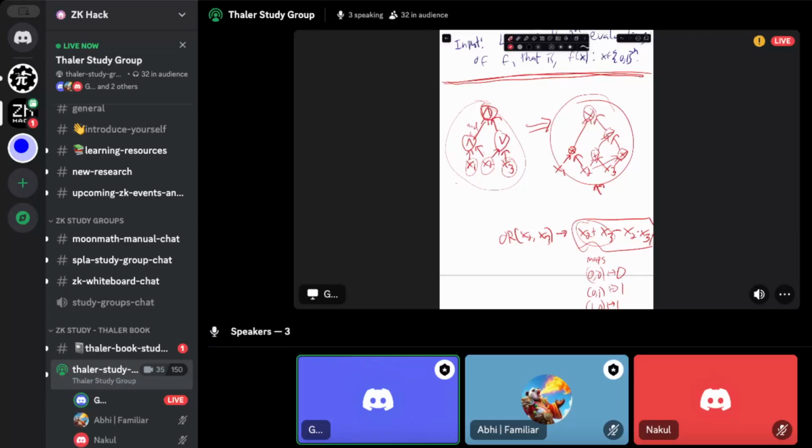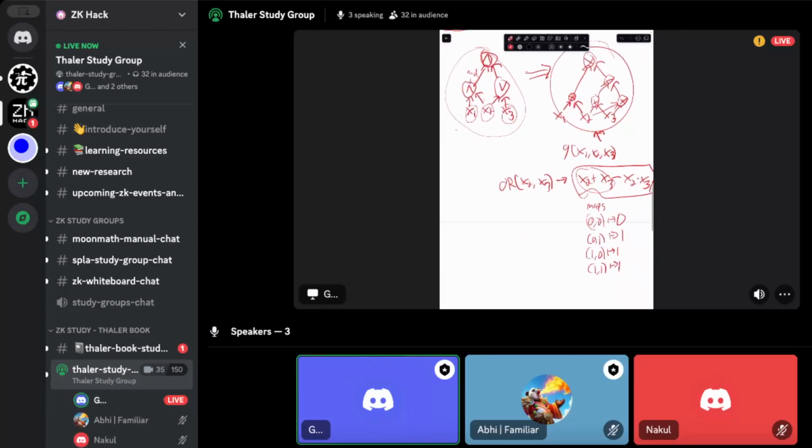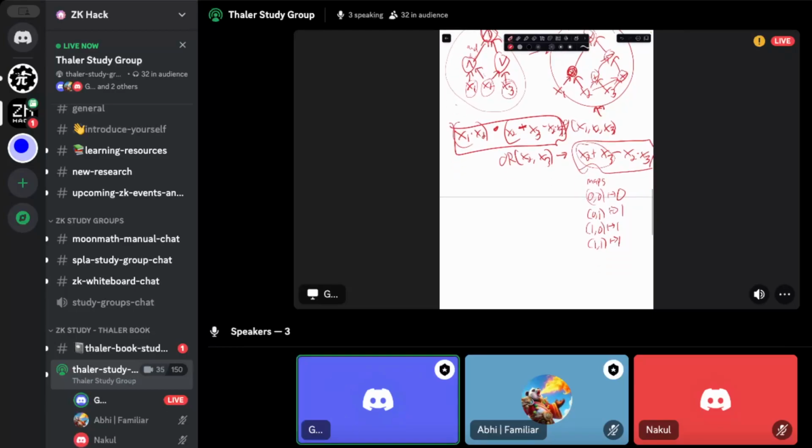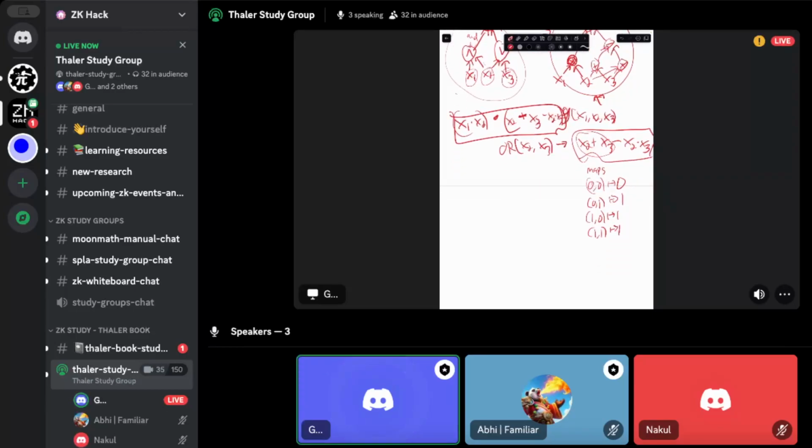It's x1 times x2 that captures this gate, times the difference, x2 plus x3 minus x2 times x3. Okay, so this is g. So this arithmetic circuit computes some polynomial g in the three variables.